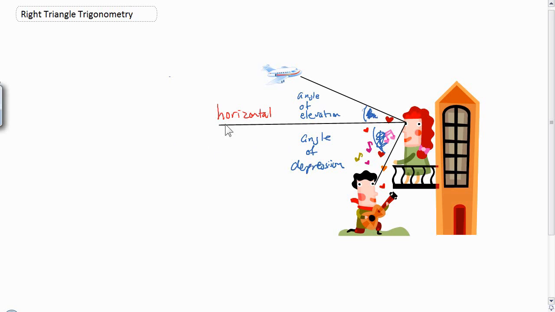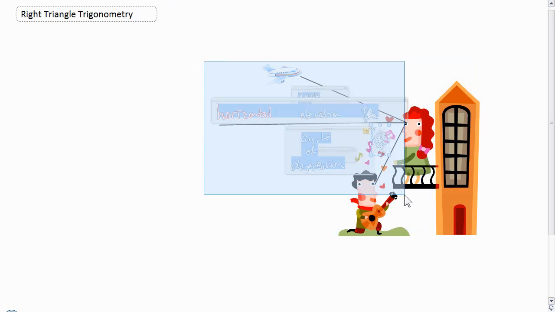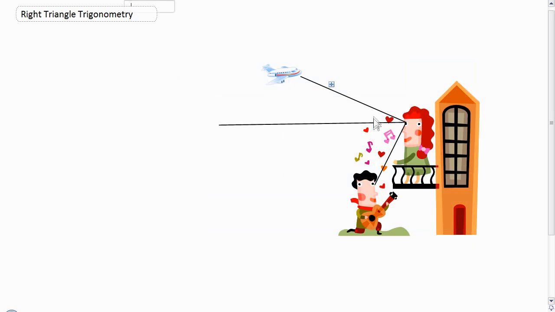So if I was actually to try to figure out a couple problems here, let's say hypothetically I wanted to figure out how far her beau is from a horizontal position. I'm going to have to erase some stuff here. I would need to essentially draw a triangle straight down.